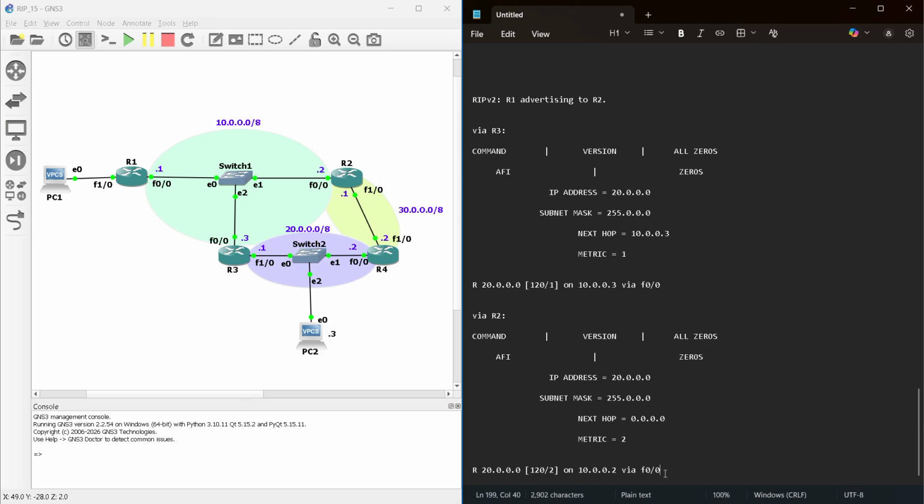So before it was this, and now it is this after we manually configured it. This is the use of the next hop, and we use 0.0.0.0 when nothing has changed.